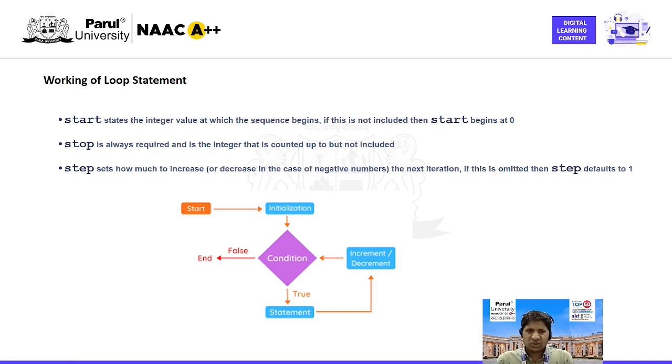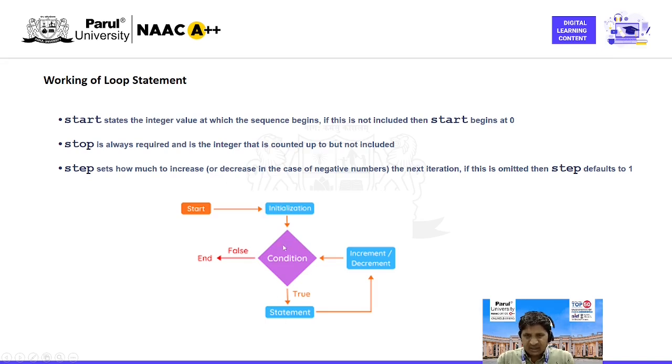Suppose your initialization starts from 100 and goes in reverse order up to 1, then in this scenario your step is a decrease. Once the condition is false, your loop terminates. This initialization is known as the start condition.